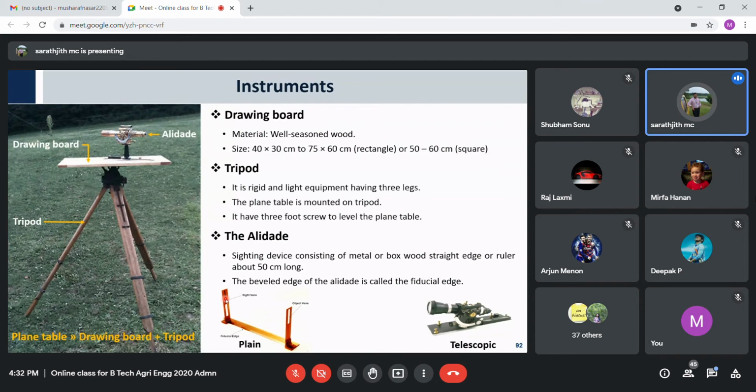You will be sighting through this narrow slit on the left side, and there will be one horsehair here, and you will be sighting your tripod, which is kept somewhere here, through this object vane. And you have to bisect your ranging rod with this horsehair.